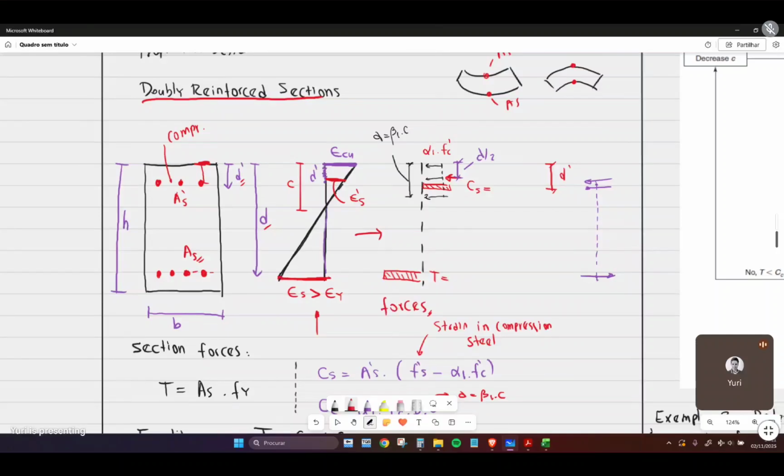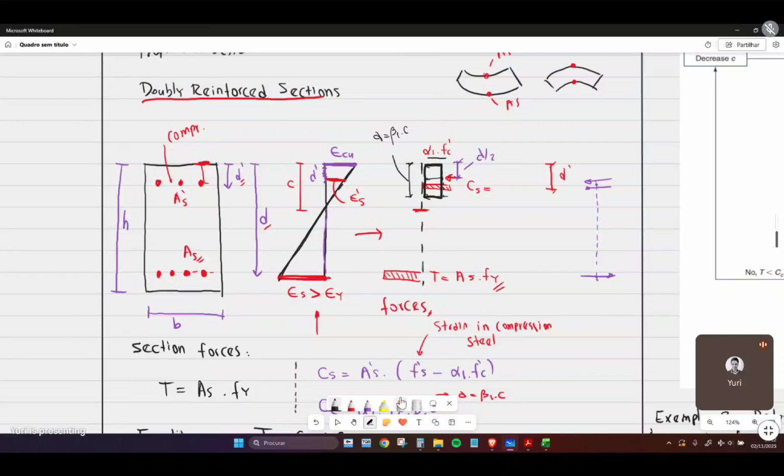As we saw previously, for the tension reinforcement, the force will be the product of the area of steel reinforcement times its yielding strength, assuming that this reinforcement will yield. And above the neutral line, we have our regular compressive stress block, defined by alpha 1 times f prime c.